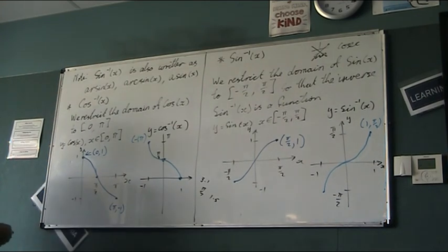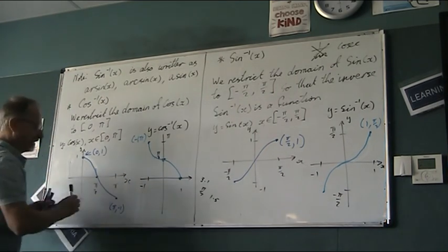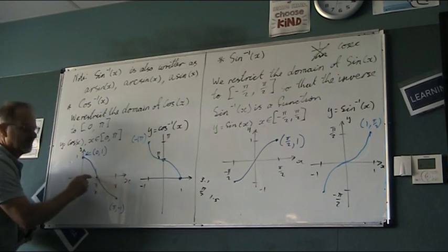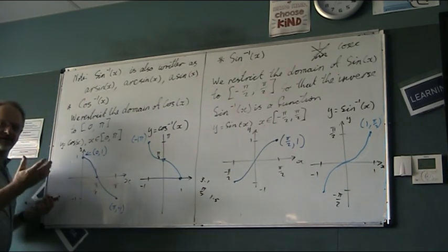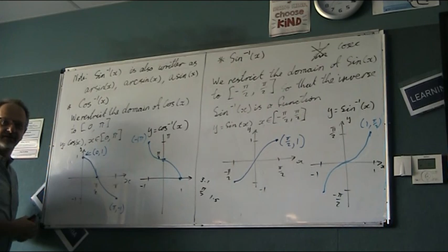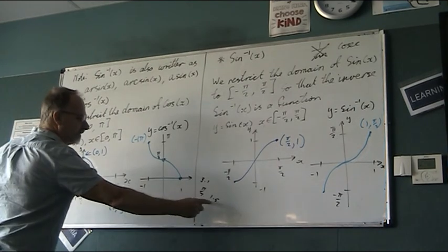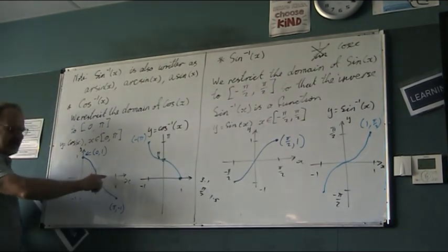So you just have to do the best you can. This point here is going to be in there somewhere. But yeah, you've got to convert the pi to decimals.